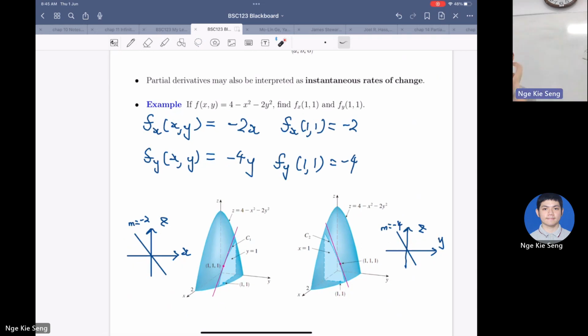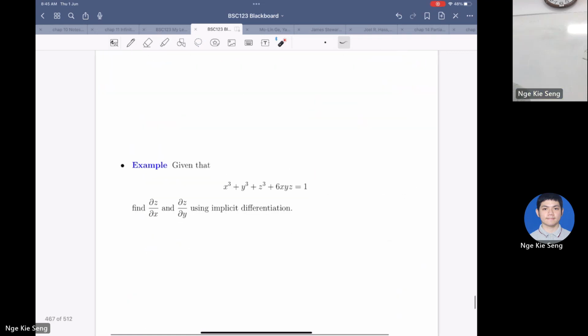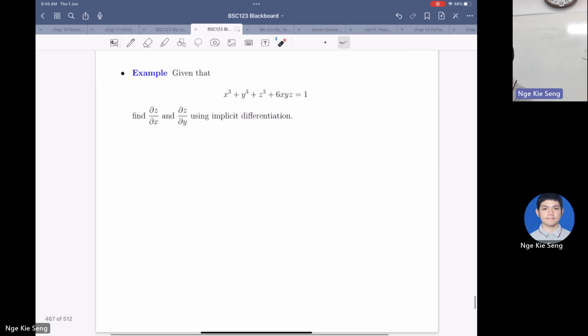Sometimes we can also interpret the partial derivative as an instantaneous rate of change. How about we do this one? We will see implicit differentiation again later, but let's recall how to do this.